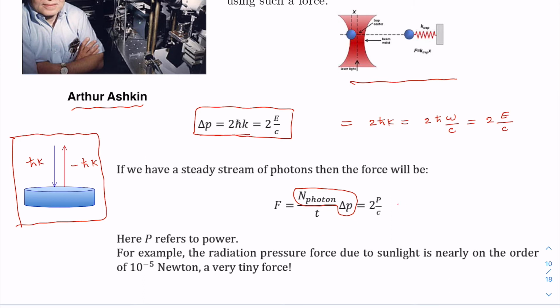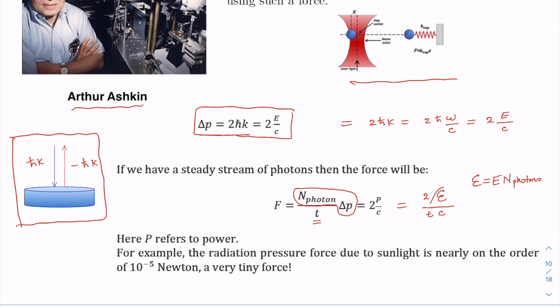Okay, this is going to give us the force. In fact, I can also write this as: the total energy, curly E, is equal to E times n photons, and then we have twice E divided by c, and time is also there.